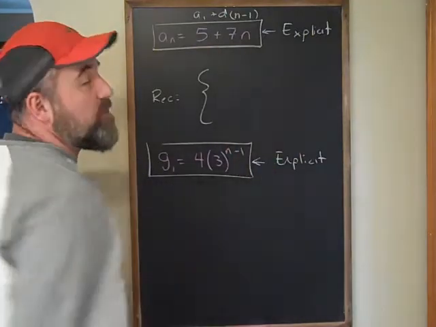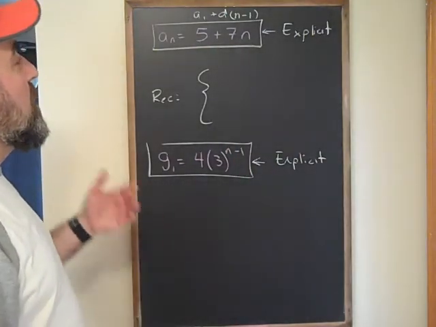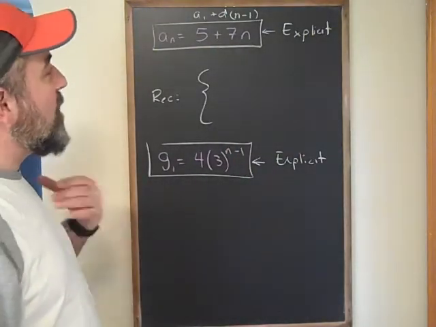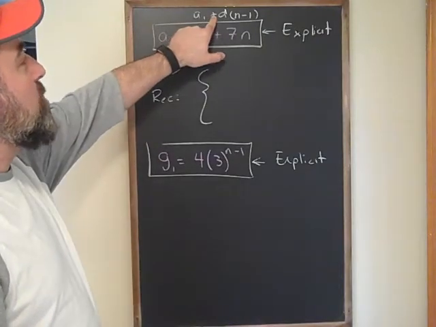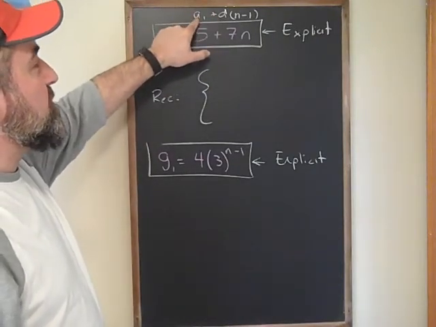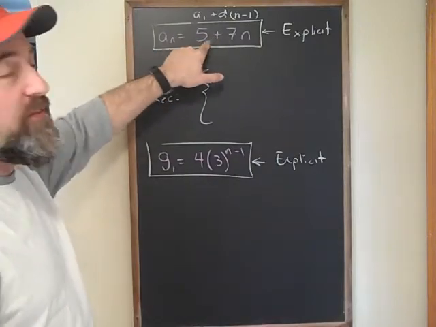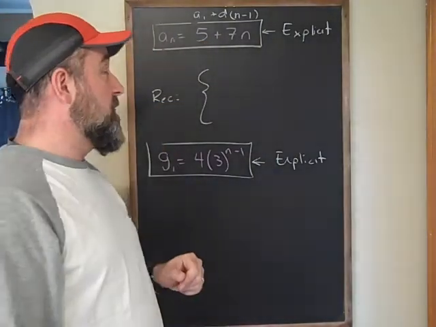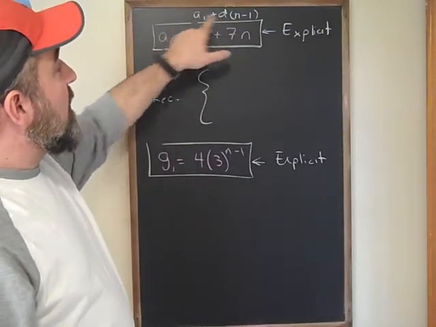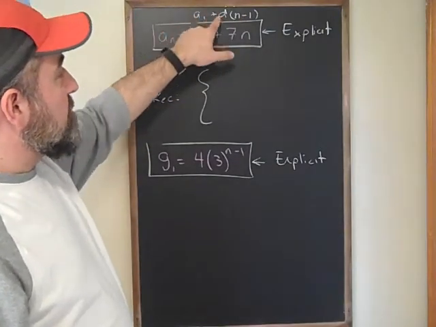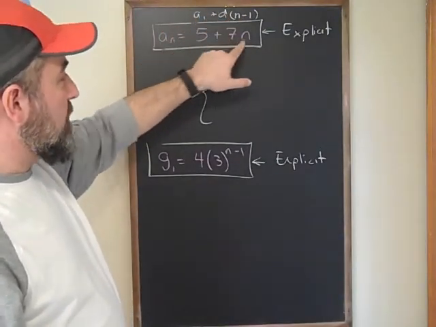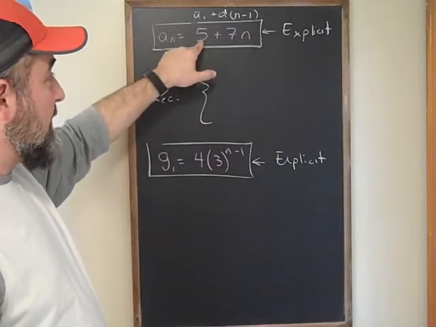We don't see any multiplication by n minus 1. So, I think what happens is a lot of times people realize the first term is what you see first. So a lot of people think the first term of this sequence a sub n is 5, but it's not. And it's because it's not in that form where you have the first term plus d times n minus 1. We don't have times n minus 1, so that is not the first term.